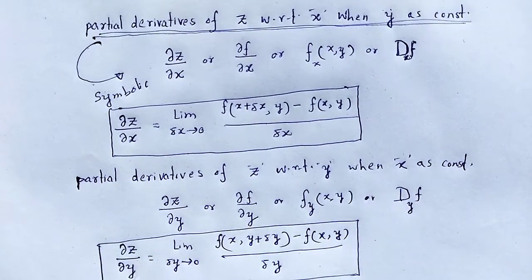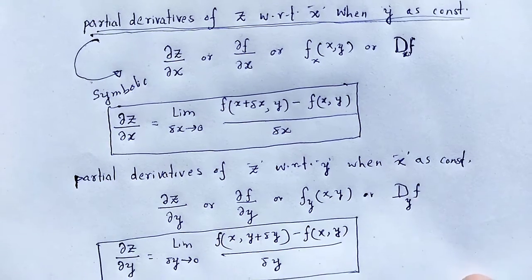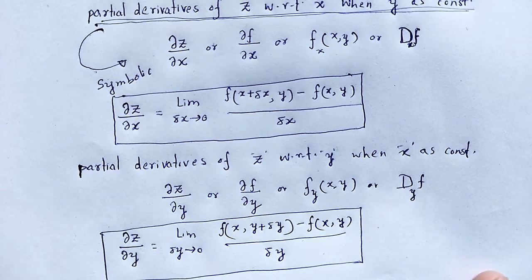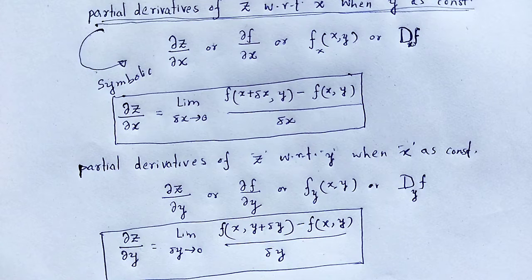This is the partial derivative of z with respect to y, whereas x is treated as constant. These are the basic definitions of partial derivatives.